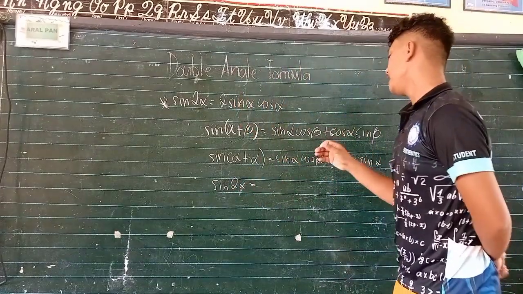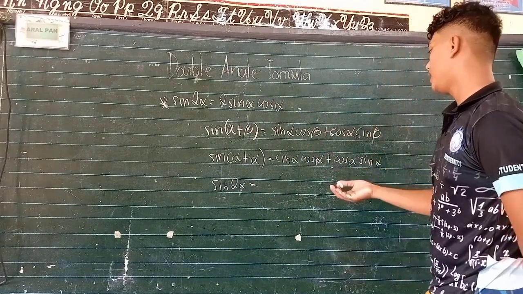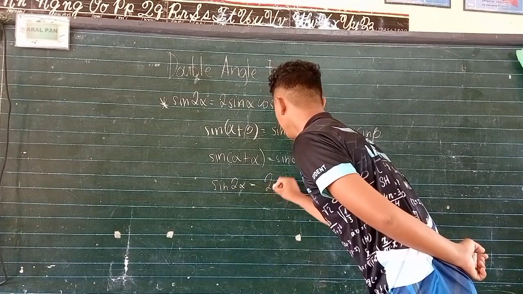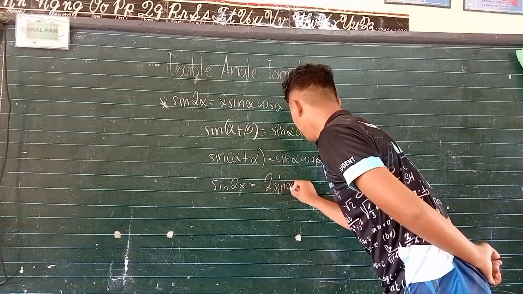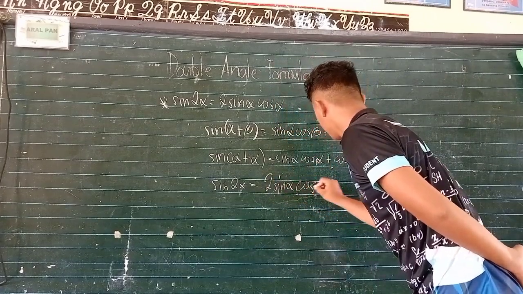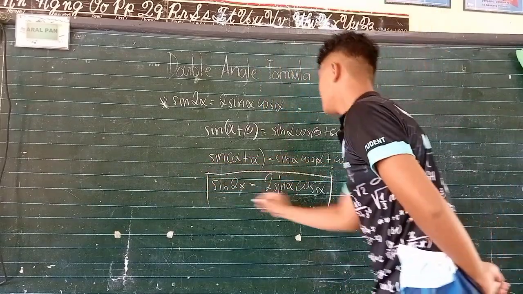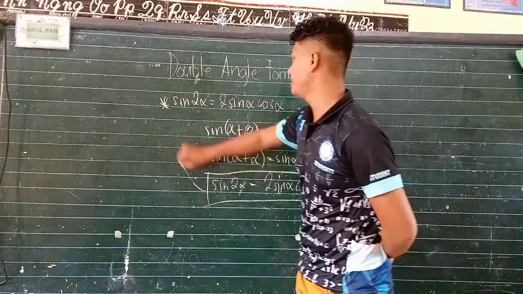So sine alpha cos alpha plus cos alpha sine alpha is equal to 2 sine alpha cos alpha. So this is how to derive the formula for the sine.